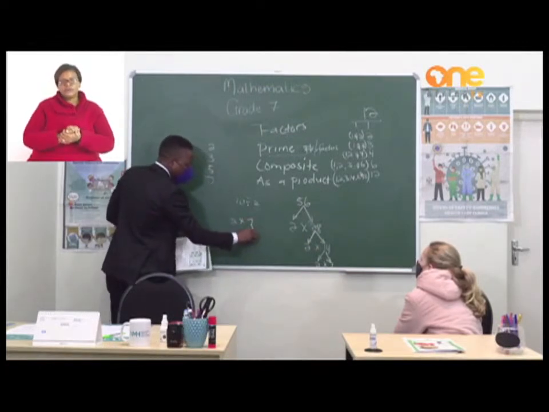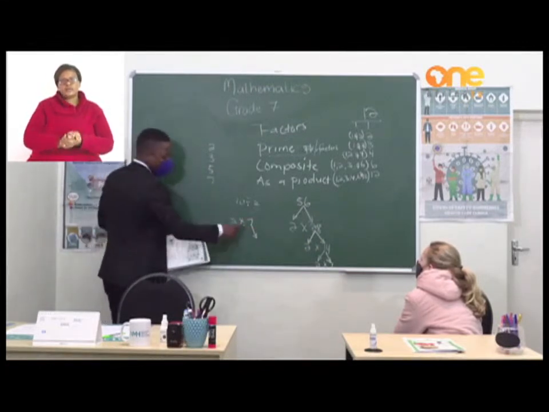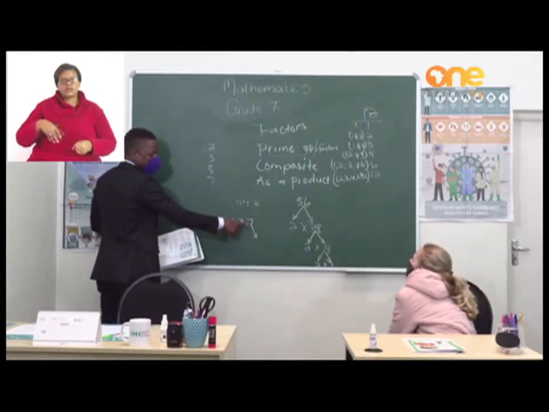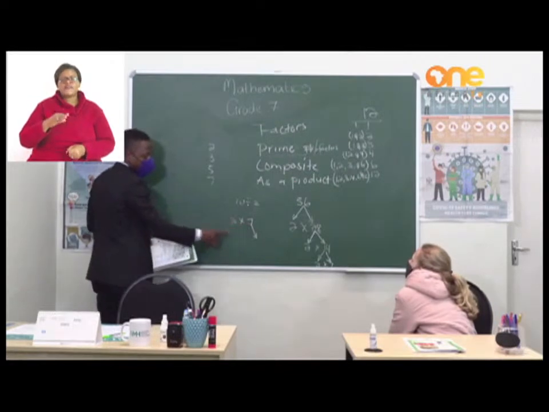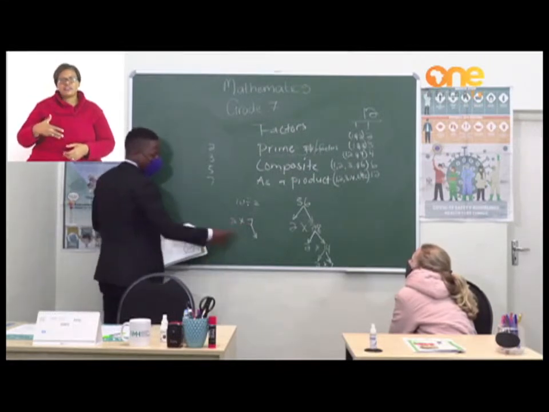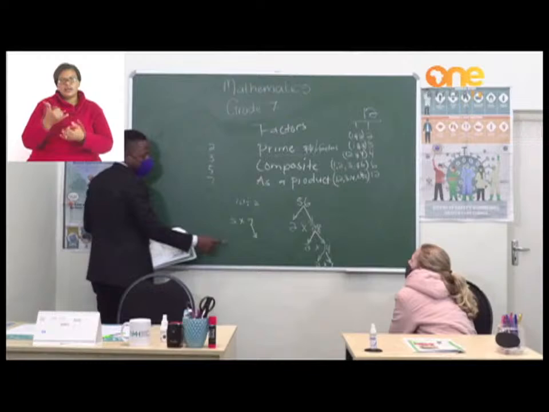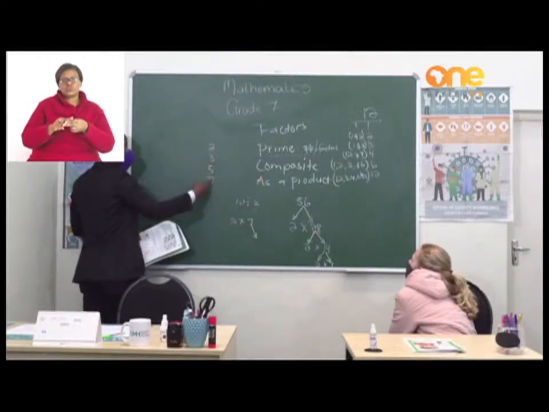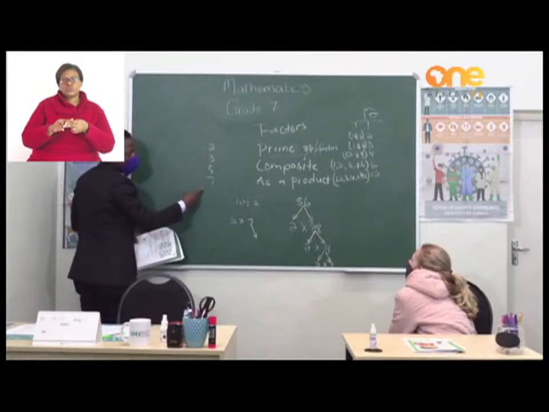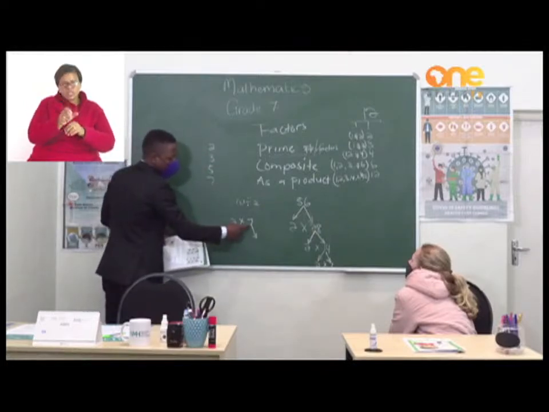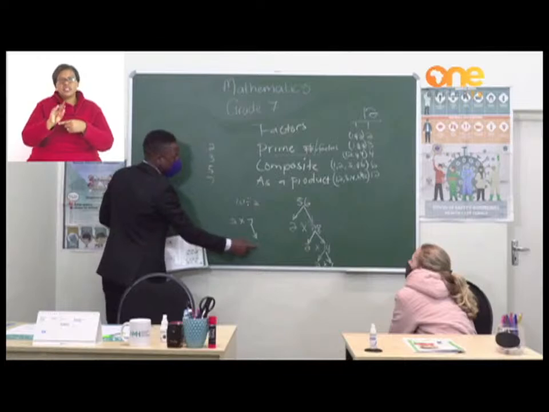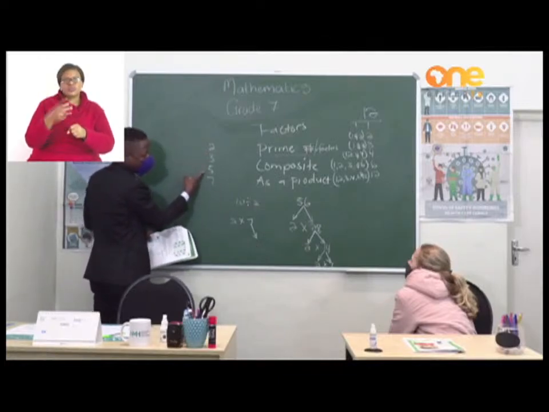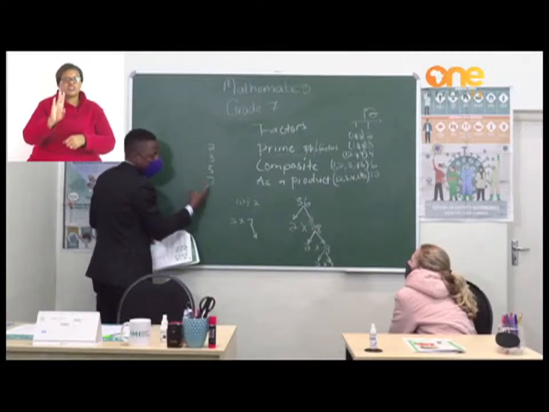I still have to continue. I cannot halve 7, because if I halve 7, I'll have a remainder. So in this case, I have to use a prime factor on this list that would divide into 7 to give me a whole number. 2 cannot, 3 cannot, 5 cannot, 7 can.